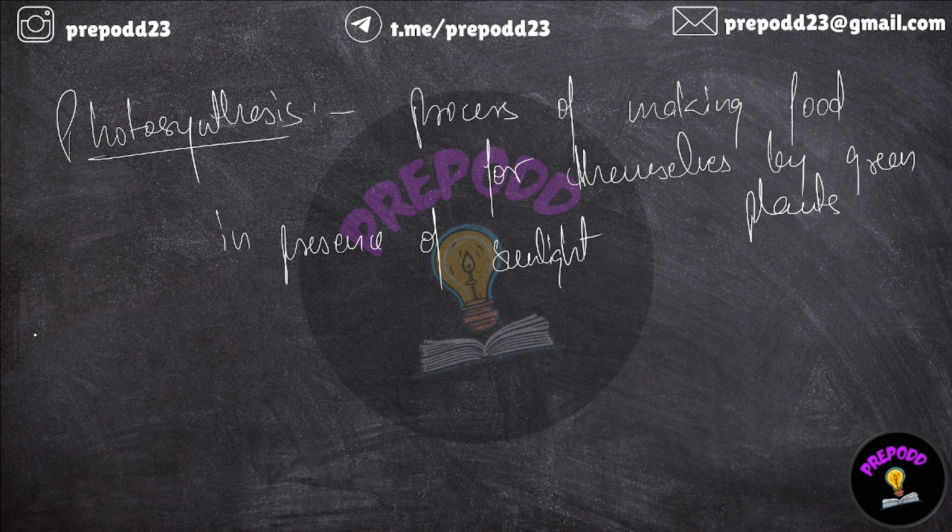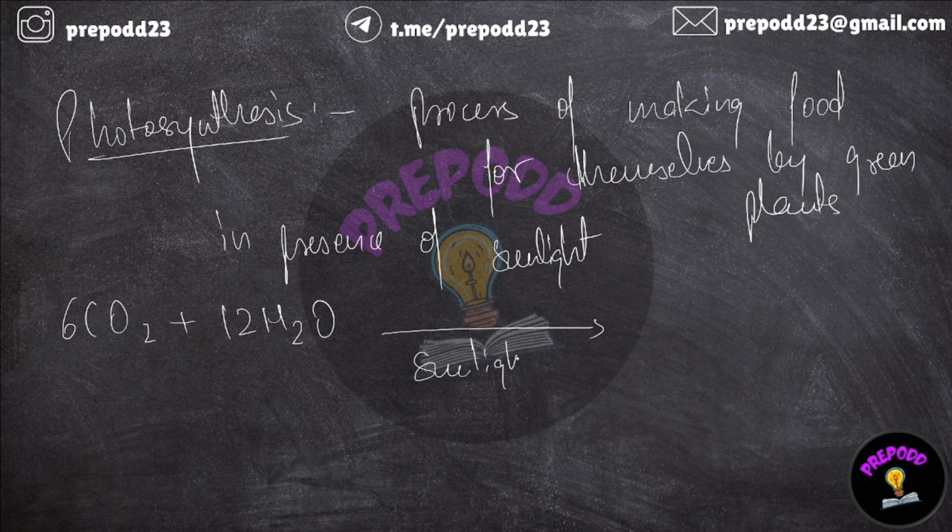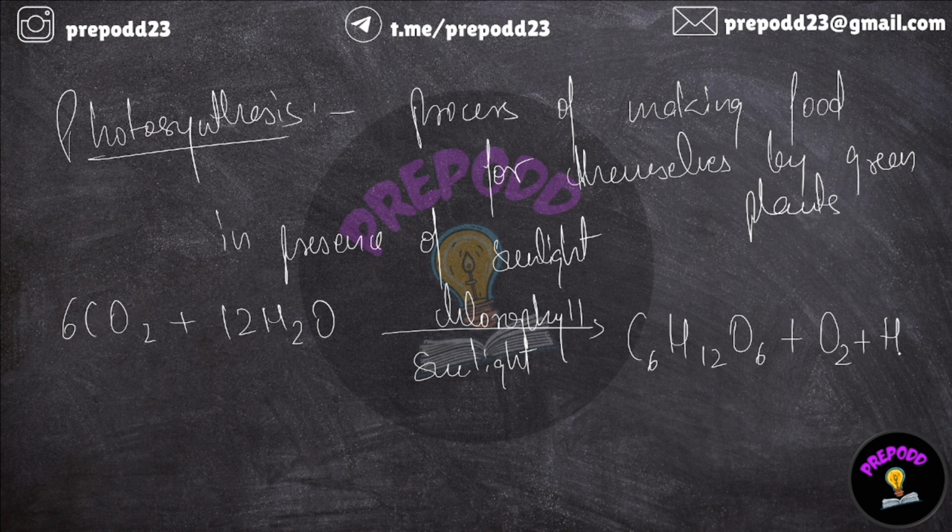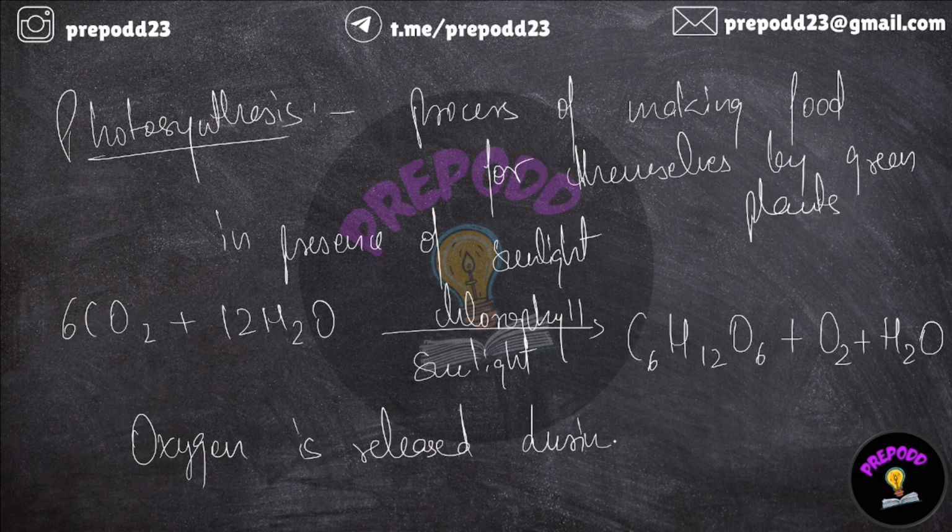So basically the equation for photosynthesis is 6CO2 plus 12H2O, in the presence of sunlight along with chlorophyll, converts into glucose, that is C6H12O6, and oxygen is released along with H2O. So oxygen is released during the photosynthesis process. This is a very important point.